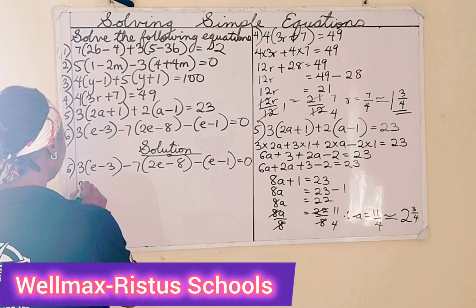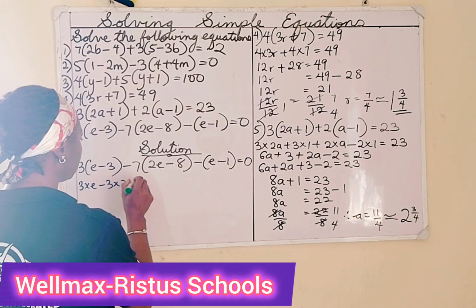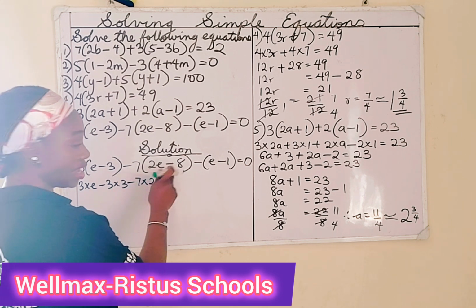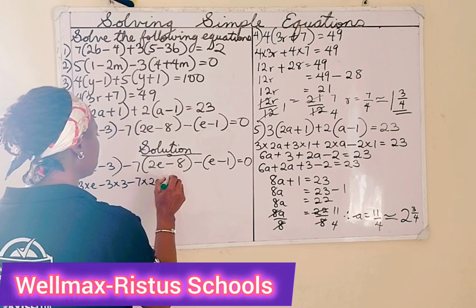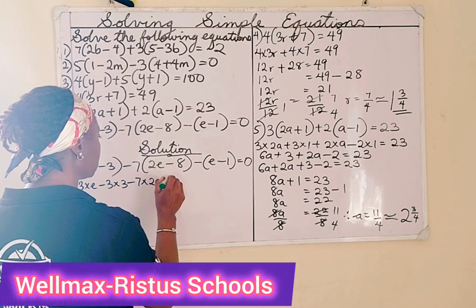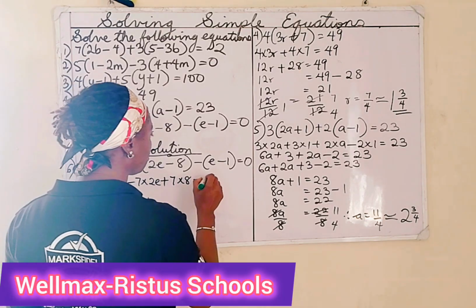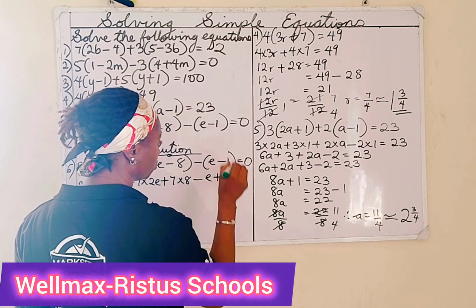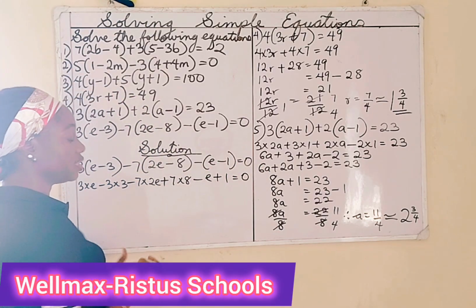So we have 3 times e minus 3 times 3 minus 7 times 2e. Minus times minus here equals plus and not minus. So take note. Minus times minus equals plus. 7 times 8 minus e. Minus times minus here also equals what? Plus 1 equals 0.